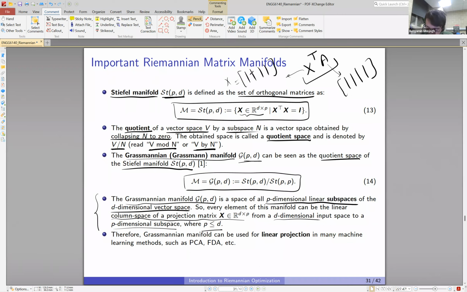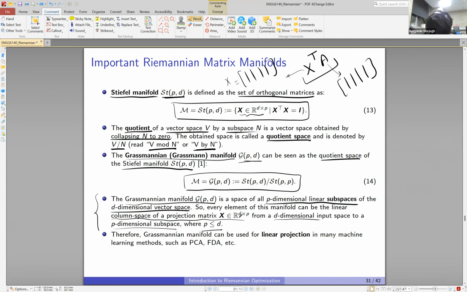We can form a space by linear combination of these columns. In other words, that space is spanned by the columns of X. And if the number of columns is less than the number of rows in X, that column space would be a subspace because P is less than or equal to D.